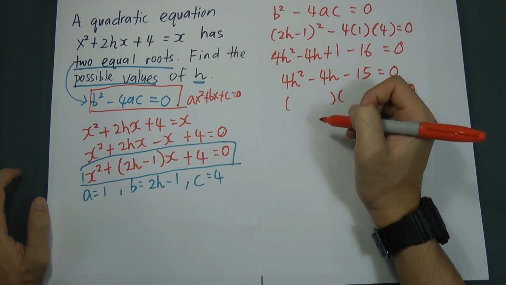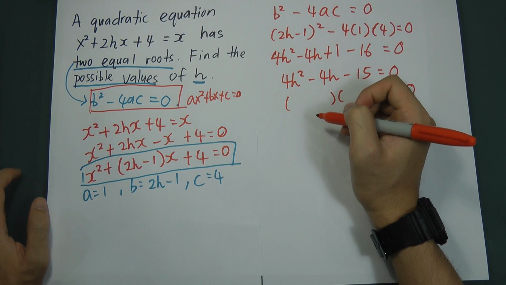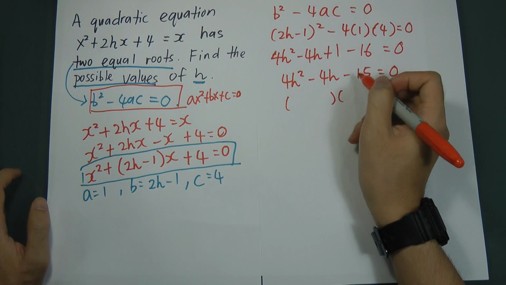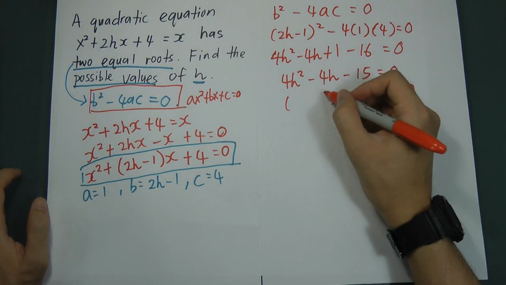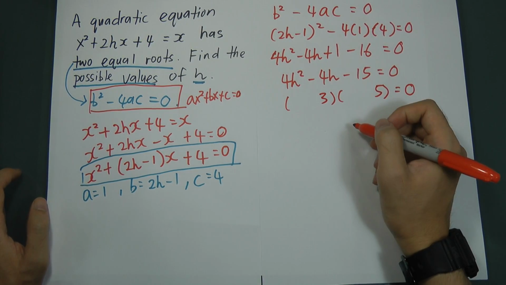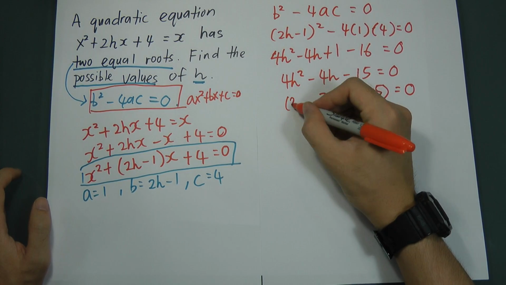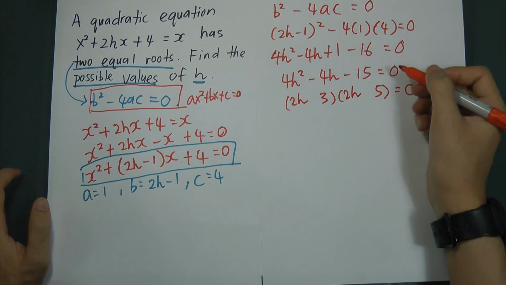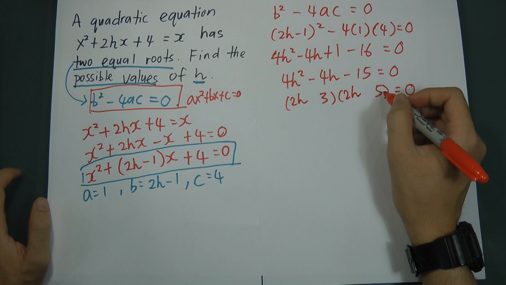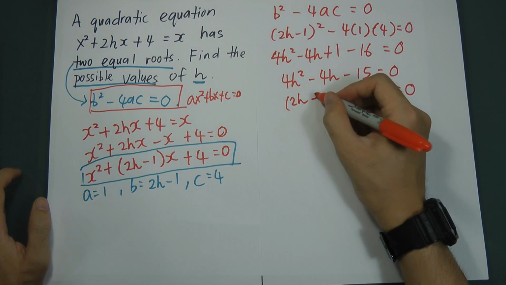So let me think about this one. 15 is 5 and 3. So in order to get the 4h in the middle, 2, 10, 6. So this is 2h, and then 2h multiplied by 5, negative, positive.